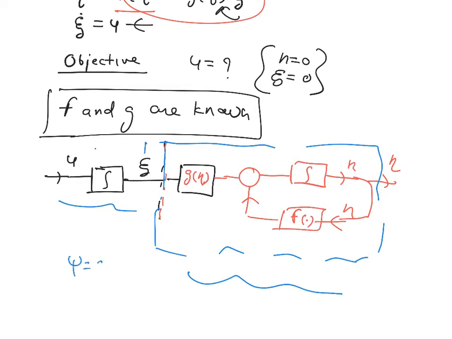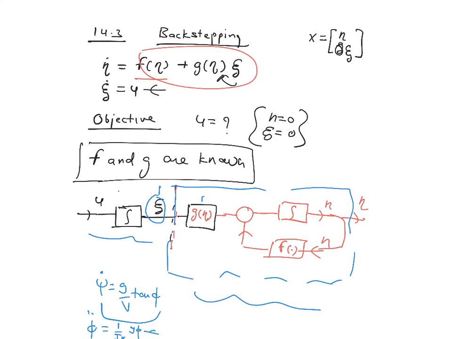Your psi dot was g by v tan phi, so phi basically controls your psi, and then phi double dot was something like 1 over Jx times torque. So your torque is used to control phi, and phi is used to control psi. The output of this is the input to the next system. So if you want to use backstepping, this is the type of system you will need.